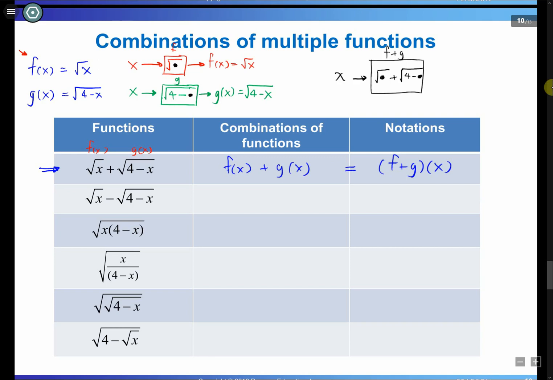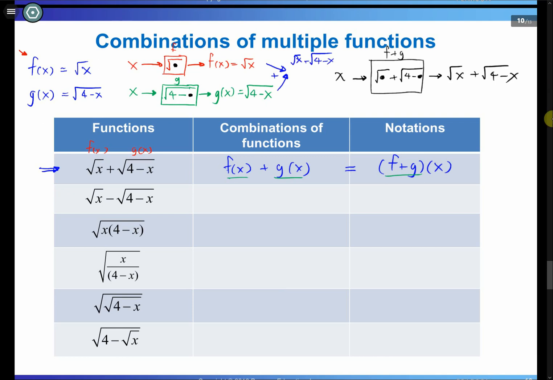So in the end, it comes out to be equal to square root of x plus square root of 4 minus x. But in terms of logic, it's a little bit different. Here we have two separate subfunctions. Here we have just one big function. But the result is the same.